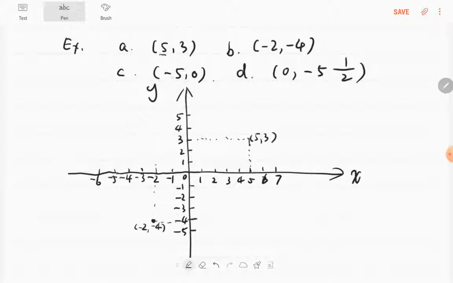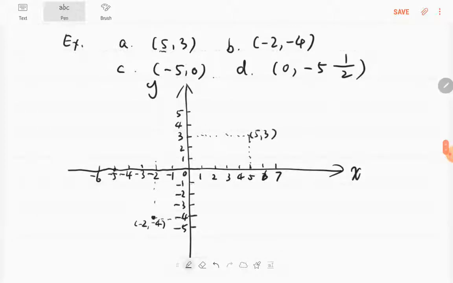So how about point C? Negative 5, 0. So we know the first number corresponds to the x-axis. So it's negative 5. And the second value is just 0. So we know this point is right on the x-axis.